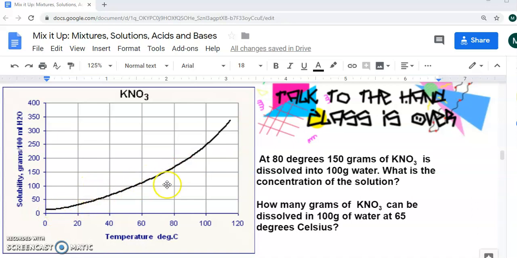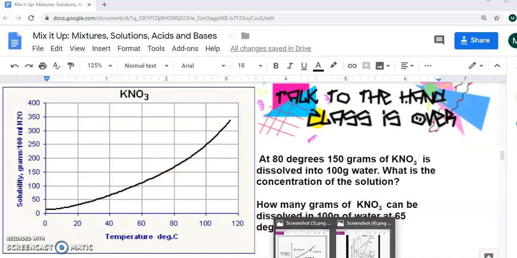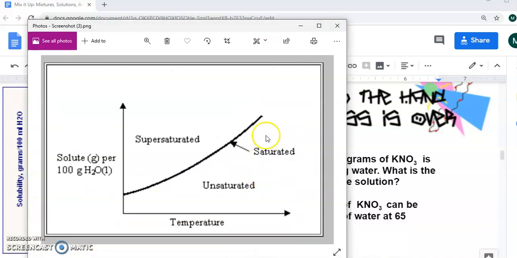So for KNO3, to help you see what I'm talking about, I'm going to pull up this image here. If I go across to, let's say, 20 degrees, and I go up to a specific amount, if it touches the line, that means it is a saturated solution.